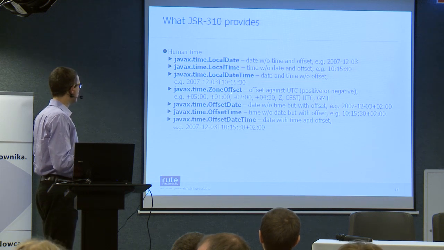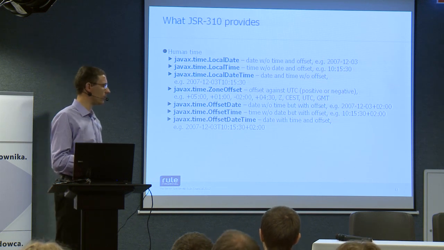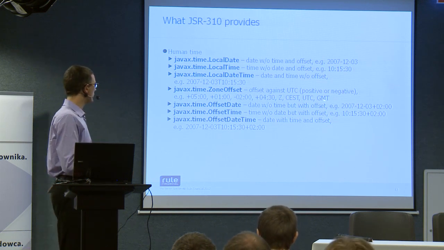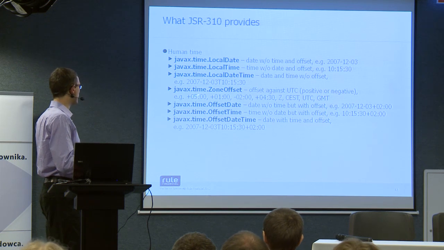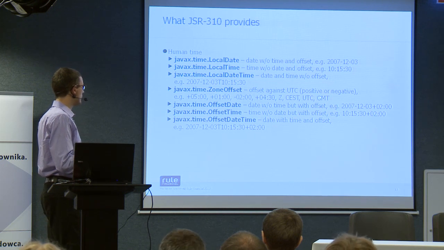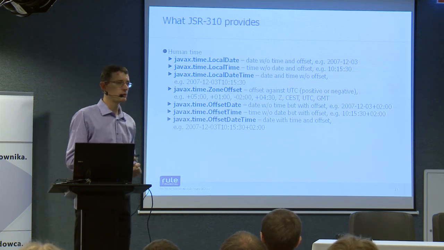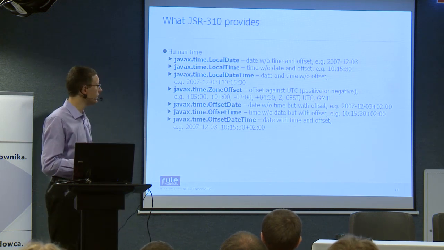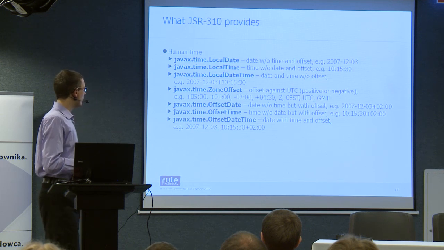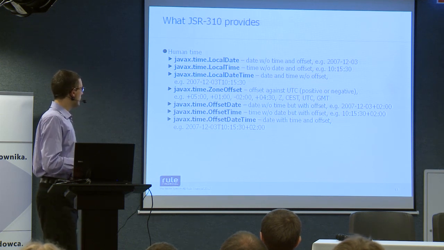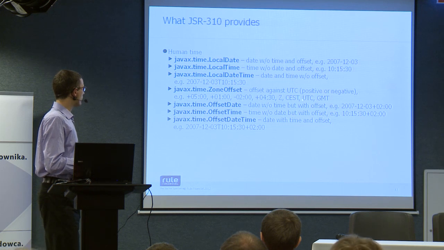Right, now we have the ZoneOffset class, which models, as the name suggests, the offset from UTC. It can be positive or negative, like plus 5 hours, plus 1, minus 2. Z is UTC, GMT is UTC, the same. CEST, which stands for Central European Summer Time, so this is the time we are currently in until Sunday, is the same as plus 2.